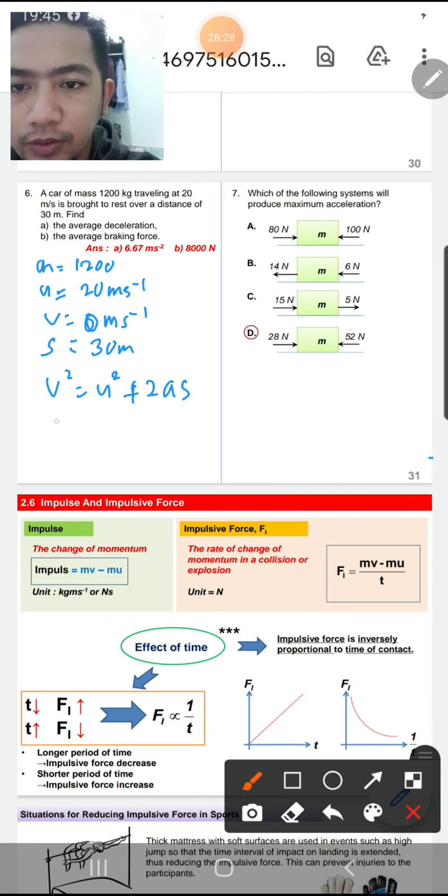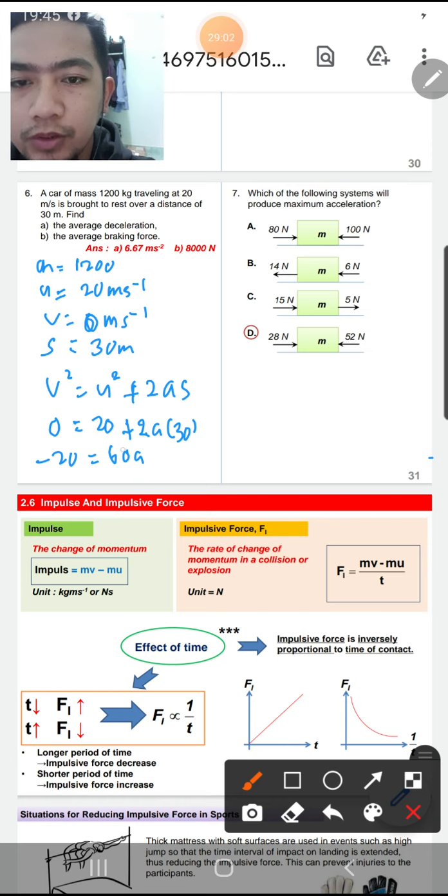V is equal to 0, U is 20, plus 2A times 30. A is unknown because we are finding A. So 20 squared, you bring to the left, it becomes negative. 2 times A times 30 becomes 60A.